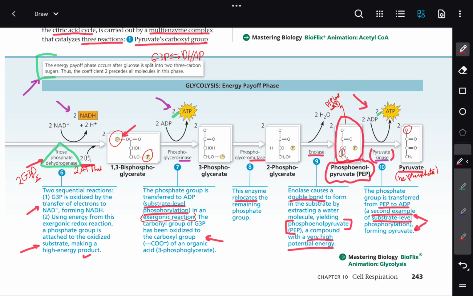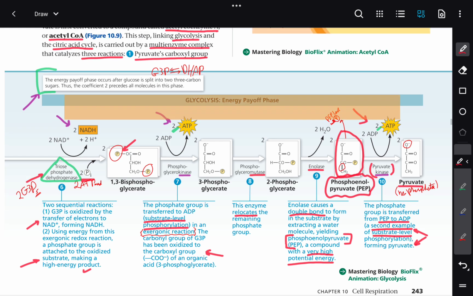So we can imagine that there is another parallel duplicate process happening here. First one is a triose phosphate dehydrogenase.